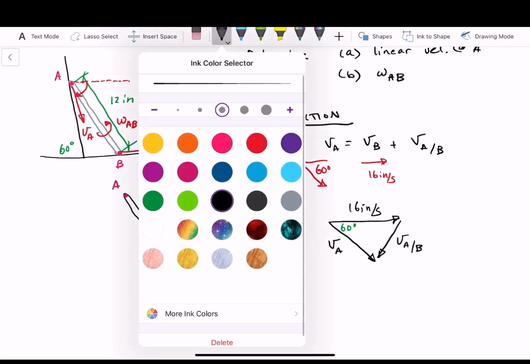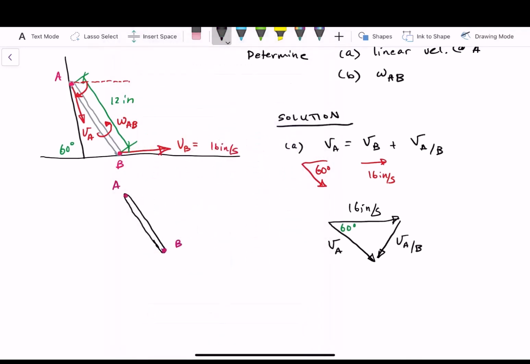So we're going to pretend like we are positioned at B. And so that means it's constrained to just rotate here, rotating in this direction. That means that the velocity of A with respect to B has to be in this direction because it has to be 90 degrees here. So this would be your VA with respect to B.